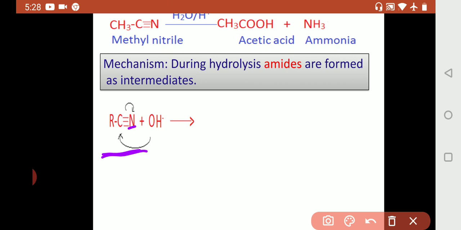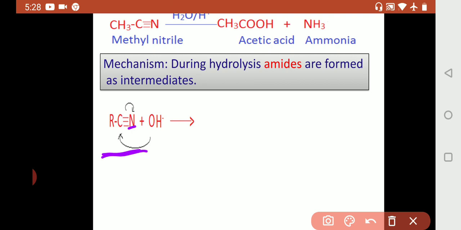It is the tendency of an atom to attract the electron pair of the bond towards itself. Simply, the tendency to attract electrons is more for nitrogen when compared to carbon. That's why the pi bond is easily shifting towards nitrogen.